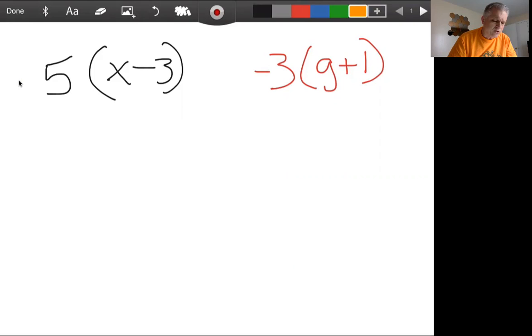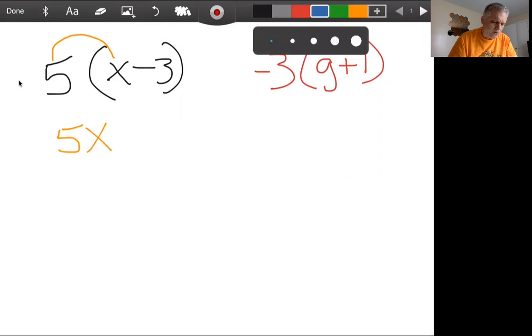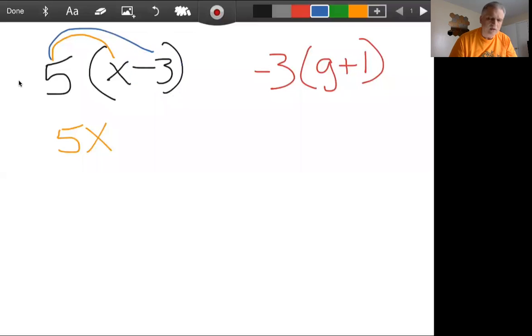And the only way that you can multiply 5 by x minus 3 is to distribute. We multiply the 5 by the x, so we would get 5x. And then you multiply 5 by the minus 3, and 5 times minus 3 is minus 15. That's it for that one. You're done on that one.